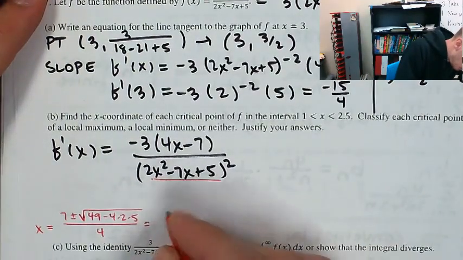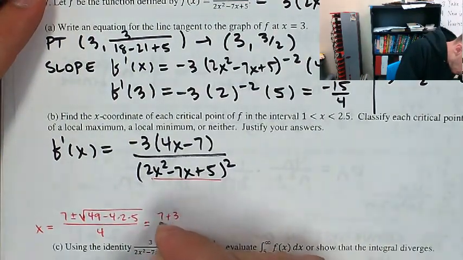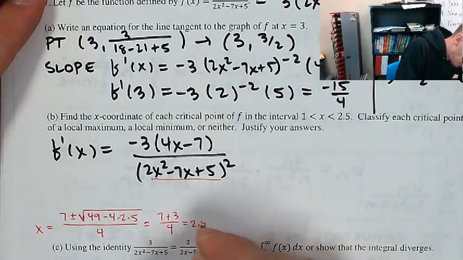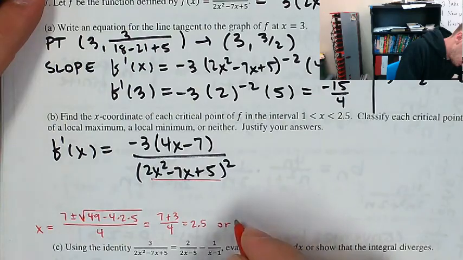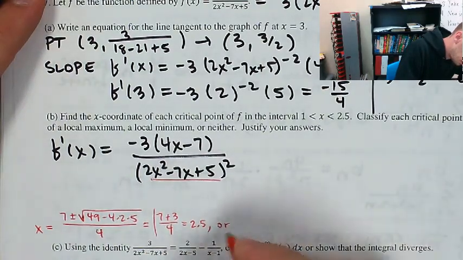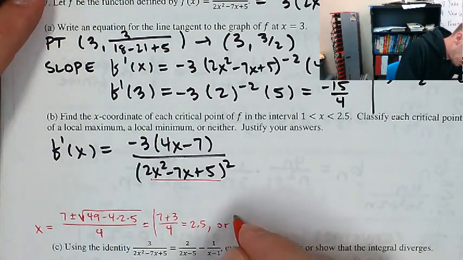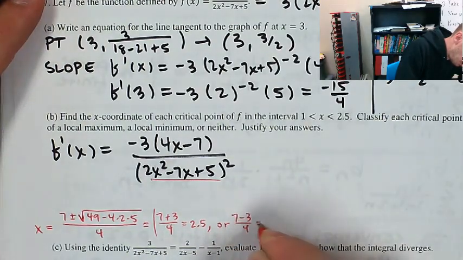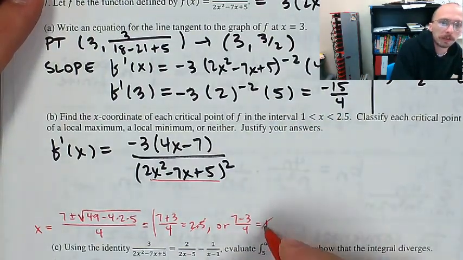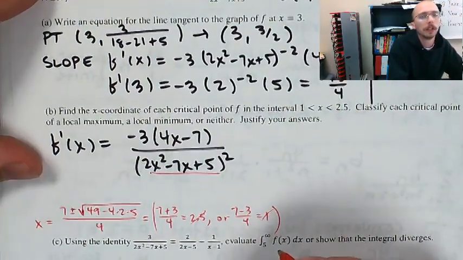And that's going to be 7 plus 3 over 4, so that's 10/4 or 2.5, or 7 minus 3 over 4, which is equal to 1. Neither of those do I care about because they intentionally excluded those, it looks like.